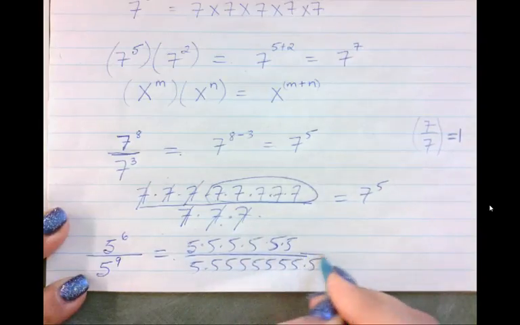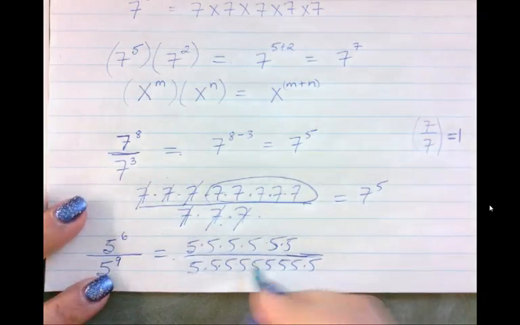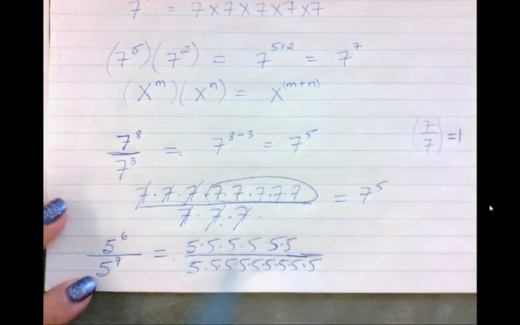Oh boy, too many. Okay. So you see why mathematicians develop these shortcut ways of writing things? Because it's super annoying having to write 5 9 times, right? So 5 to the power of 9 means exactly that. So 1, 2, 3, 4, 5, 6, 7, 8, 9.